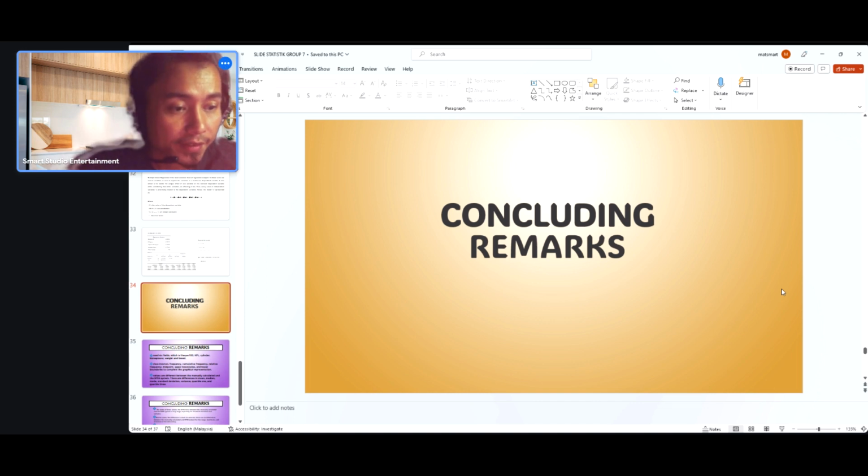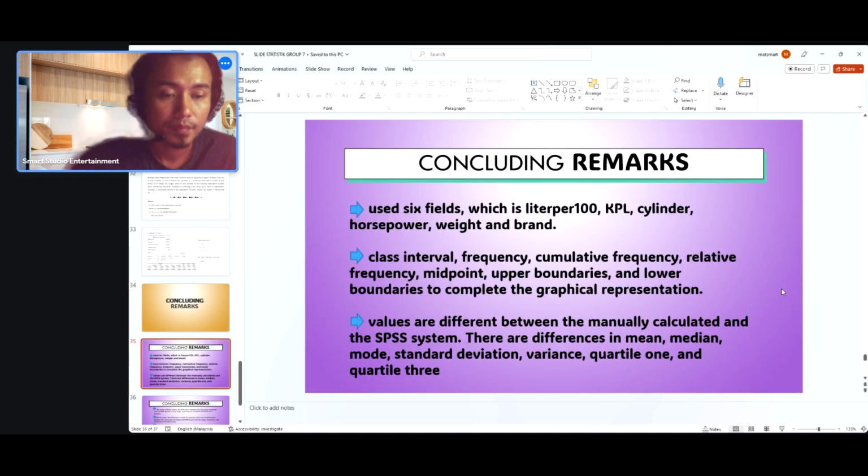Finally, we get the concluding remarks. You can see the concluding remarks. We use six fields, which are liter per 100 kpl, cylinder, horsepower, weight, and brand. Class interval, frequency, cumulative frequency, relative frequency, midpoint, upper boundaries, and lower boundaries to complete the graphical representations.